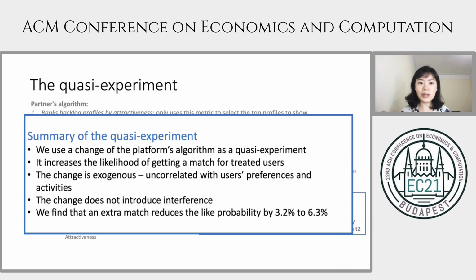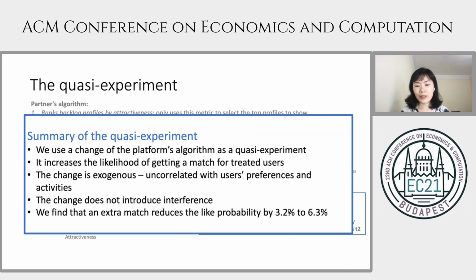I won't go into details here, but we use a change of the platform's algorithm as a quasi-experiment. This change increases the likelihood of getting a match for treated users, but not for the control users. We have to make sure that the change is exogenous, uncorrelated with users' preferences and activities, and that it does not introduce interference, which is important in our setting.